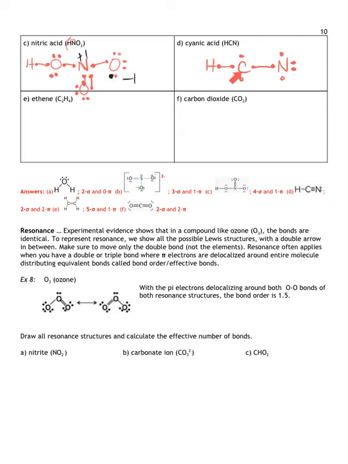I now need to see if I have an octet. 2, 4, 6. I only have 6 around this carbon. 2, 4, 6 around this nitrogen. So it looks like I'm going to need to do some more bonding between the atoms. Here's another bond. And that will increase the number of electrons.